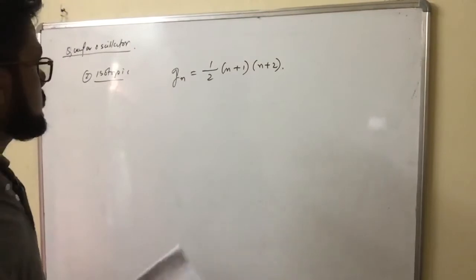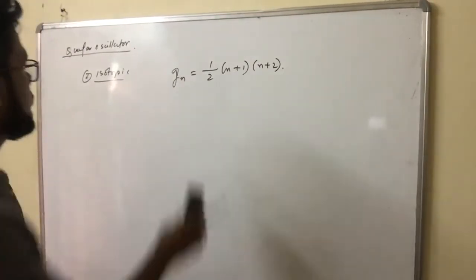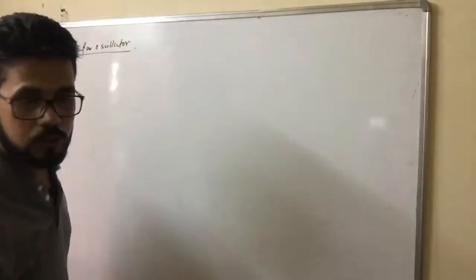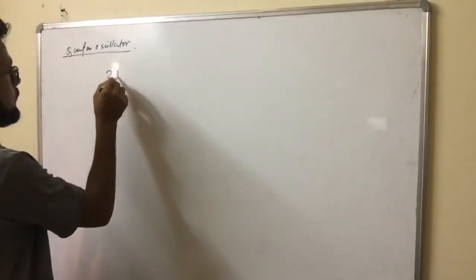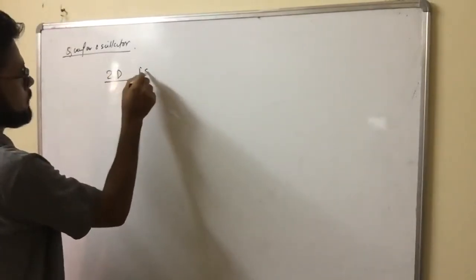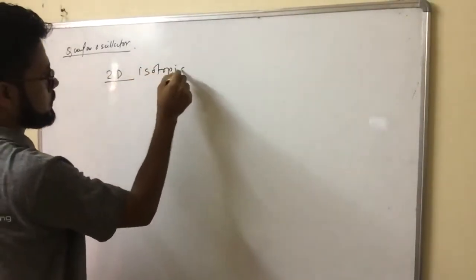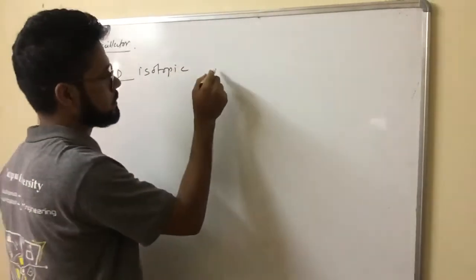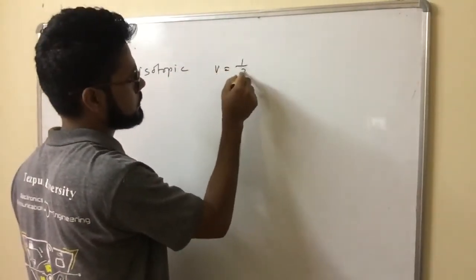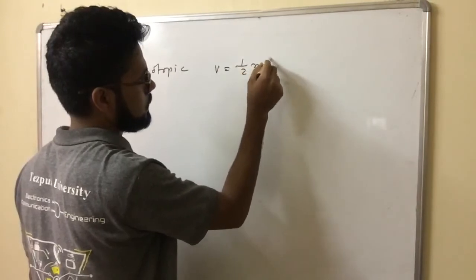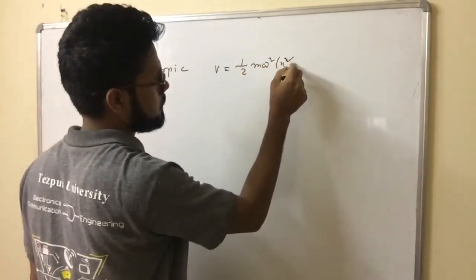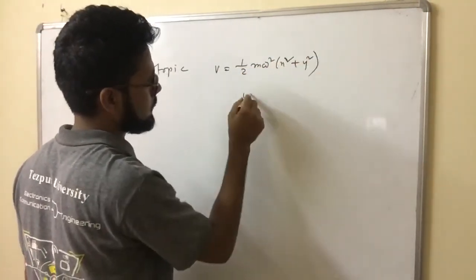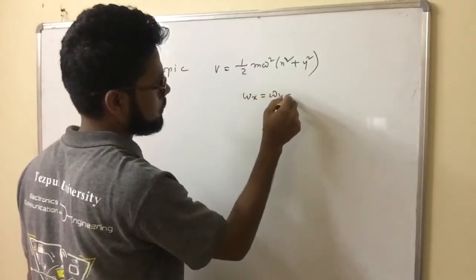Suppose in the two-dimensional case, the same problem, in 2D isotropic harmonic oscillator. Isotropic means V equals half m omega squared (x squared plus y squared). That means omega x equals omega y equals omega.